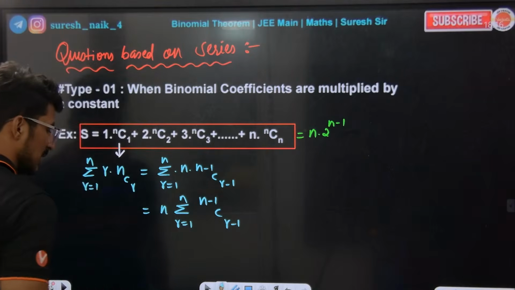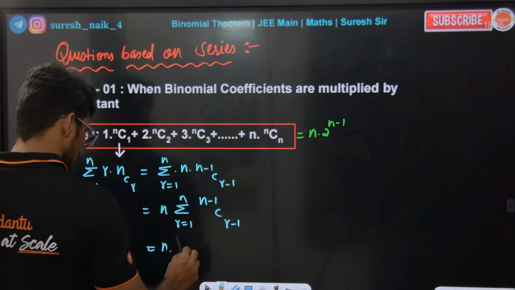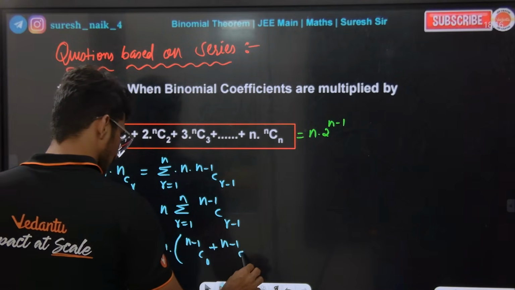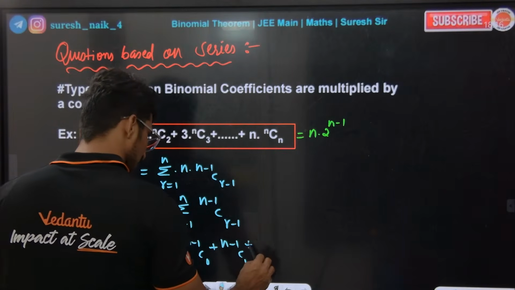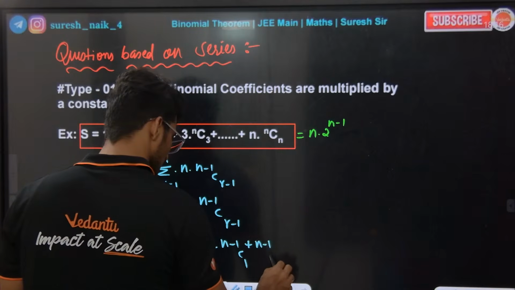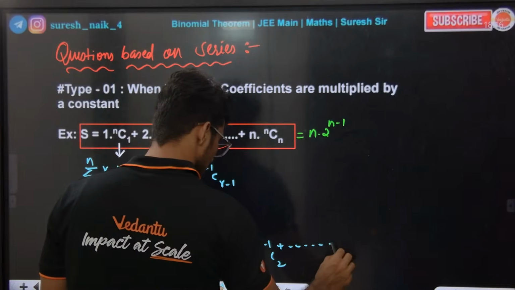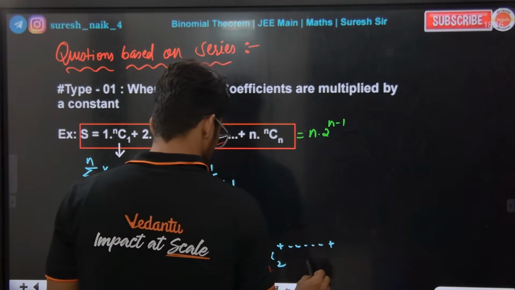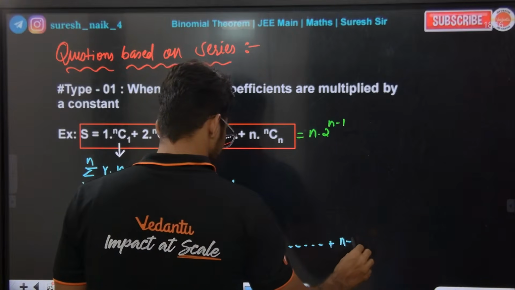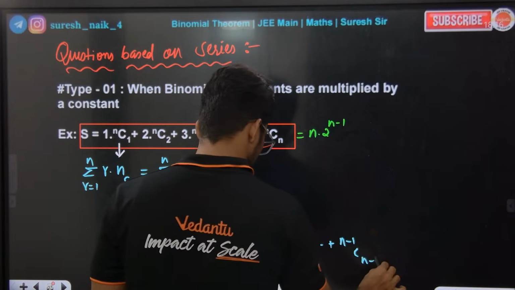Now if you look carefully, n is definitely as it is. I'll put r values: r value 1 gives 0, r value 2 gives 1, r value 3 gives 2, and so on, plus, r value n gives n minus 1.